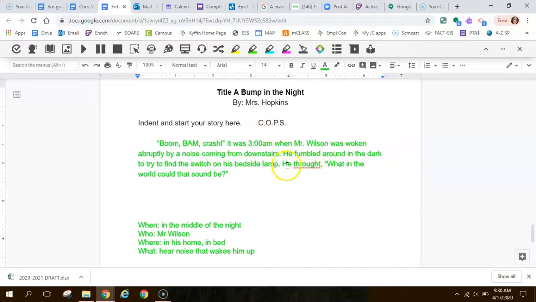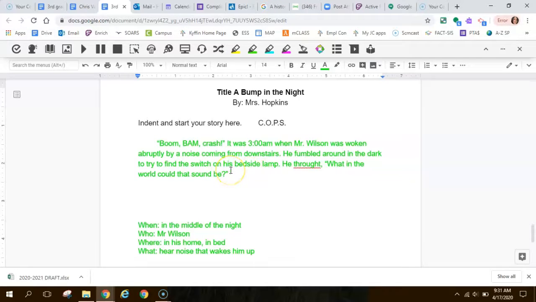So here we go. Let's go through COPS. I do have a capital here. I've got a capital here. If he's asking a question and it's a complete sentence, that also needs to be a capital. And organization, he thought, what in the world could that be? Punctuation, I've got a comma here. I've got my beginning quote. My punctuation is inside the quote.